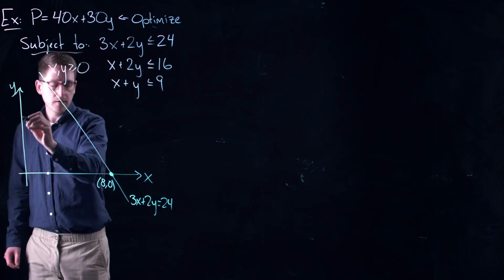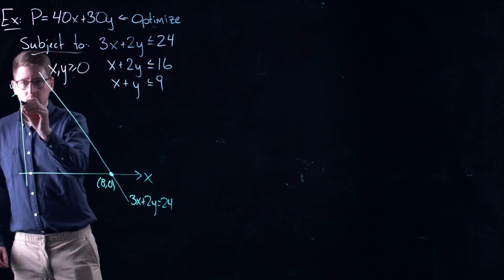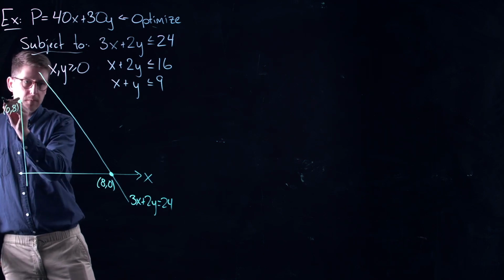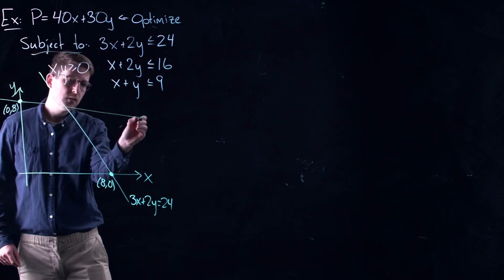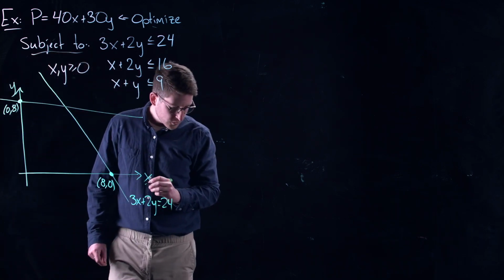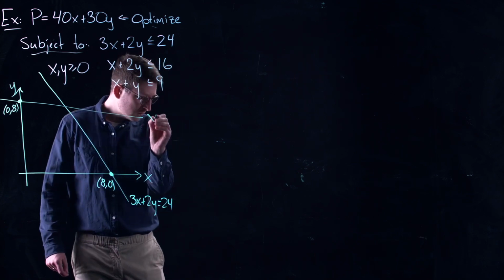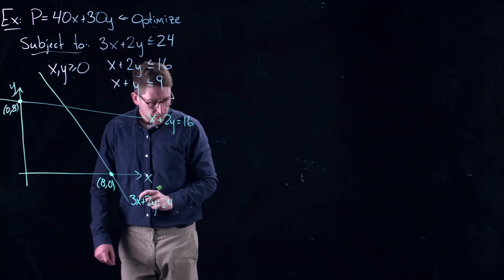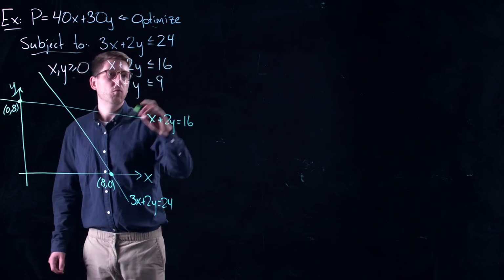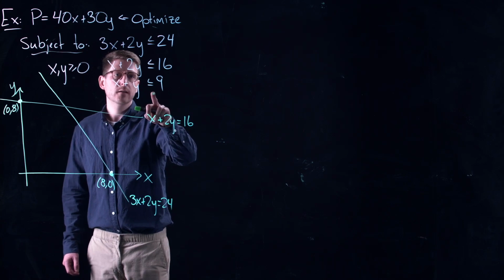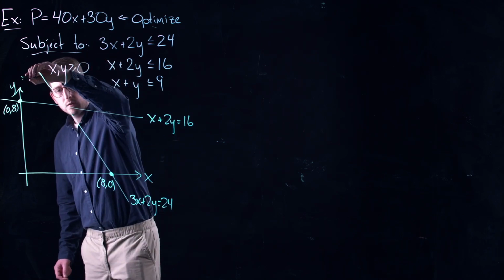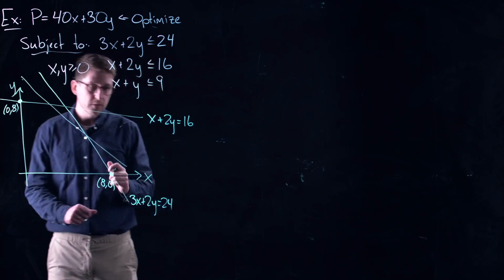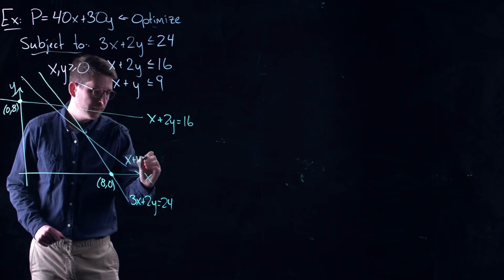Then I will have another function which goes through the point 0, 8, which maybe looks something like this. And this function is x plus 2y equal to 16. And then I'm going to have one more condition, x plus y equal to 9. Let's put it maybe right here.